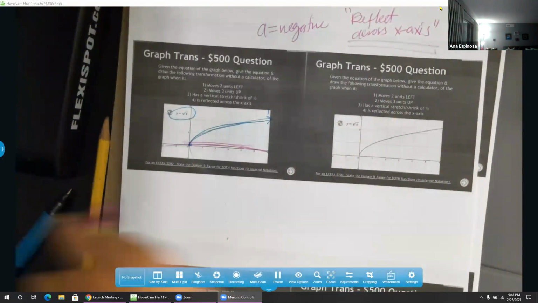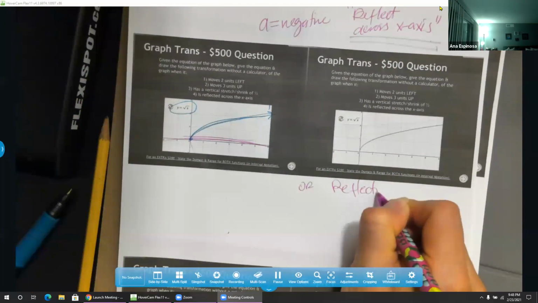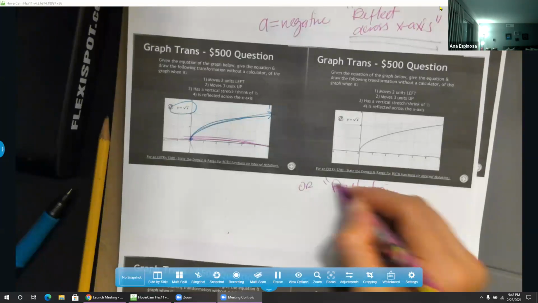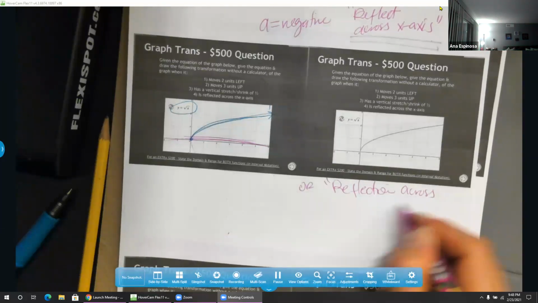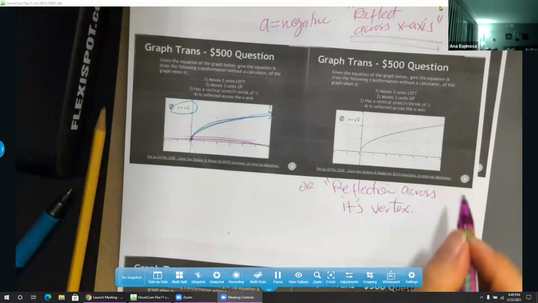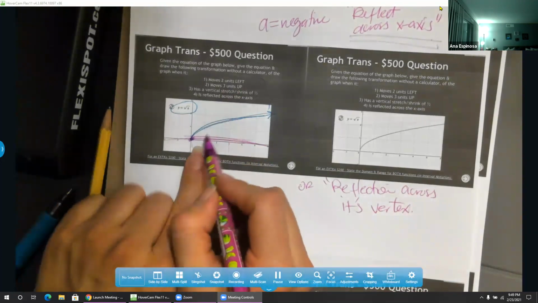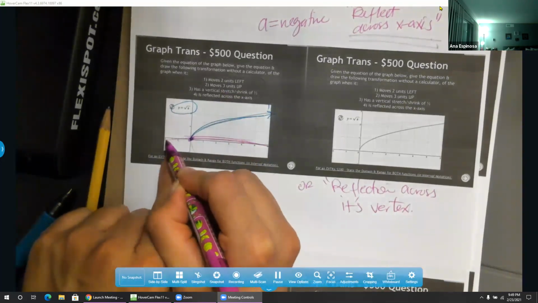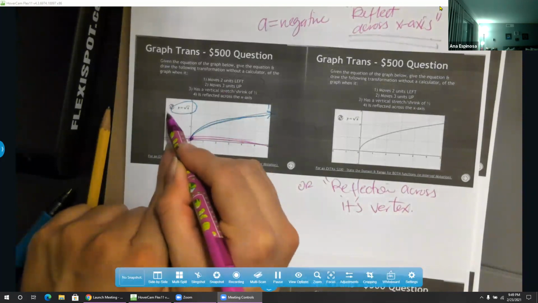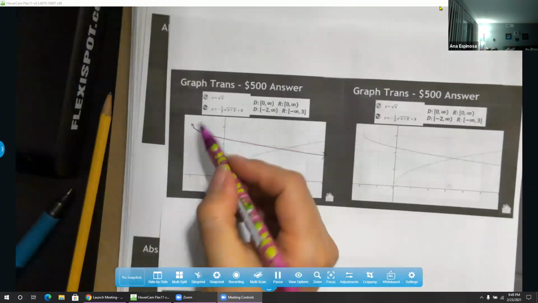It is a reflection across its vertex. Okay, so this vertex right here moved 2 left and then went up 3, and then normally it would have been like that, but that's why it ended up like that.